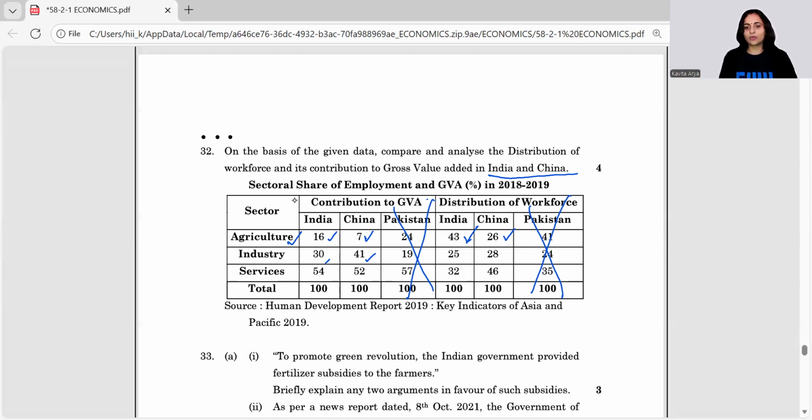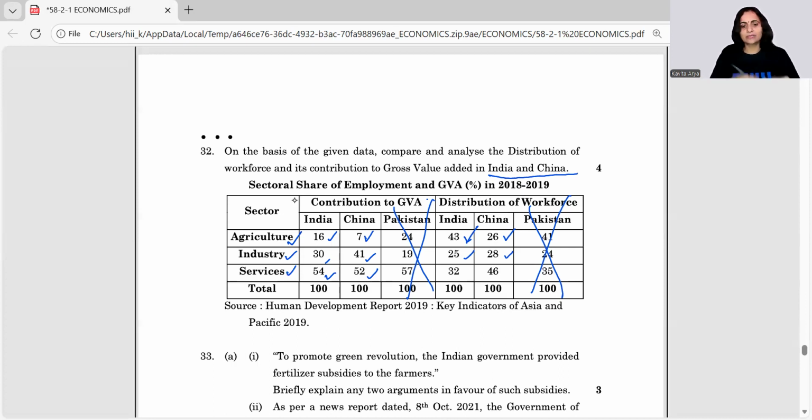And when you talk about workforce, a similar workforce is serving in the industrial sector. And as services are being talked about, it's a somewhat similar contribution to GVA through the service sector in India as well as in China.